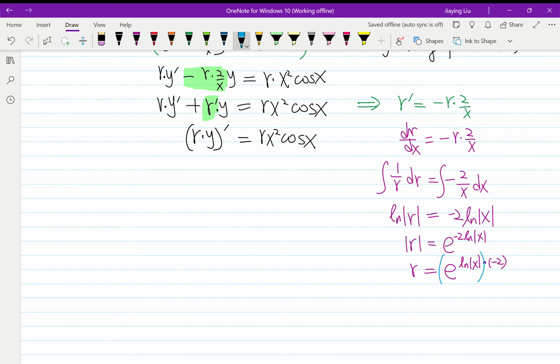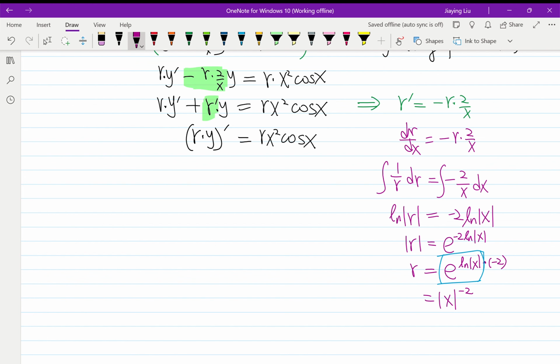And I'm sure you all know what this part is, the one I'm boxing in blue. So e to the natural log absolute value of x, e and the natural log cancel, and that just gives us absolute value of x. So this becomes absolute value of x raised to the negative 2. The reason we have a negative 2 in the exponent is because we still have this negative 2 in the exponent. We just work on this part first.